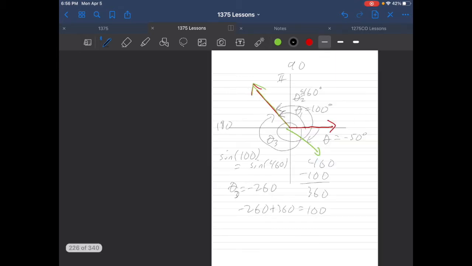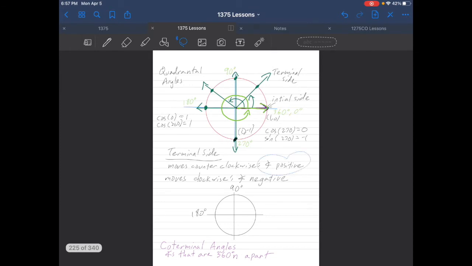So angles can be measured either positive or they can be measured negative. They will mostly be measured positive, but negative does exist. And you can always put them back into any angle, whether it's very large or whether it's less than 0. You can always put it back into something between 0 and 360 degrees. Right? And you do that by adding or subtracting 360 degrees to either bring that angle up or move that number down. Okay?